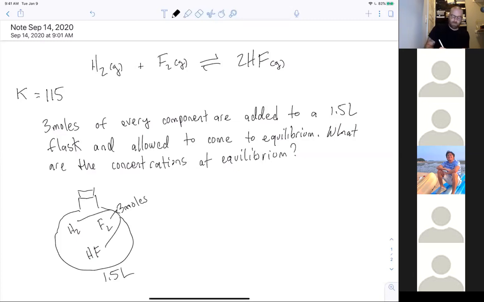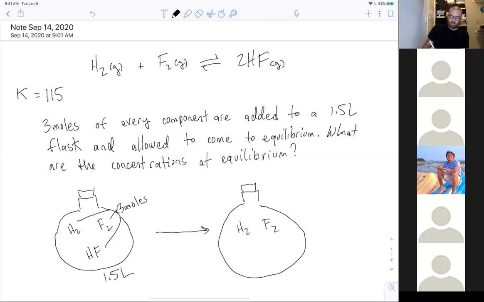And then we're just letting it come to equilibrium. We're letting the reaction go, and we're trying to figure out what these final concentrations are. That's the experiment we're running here.